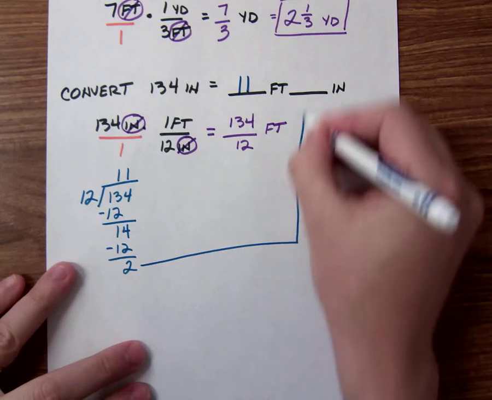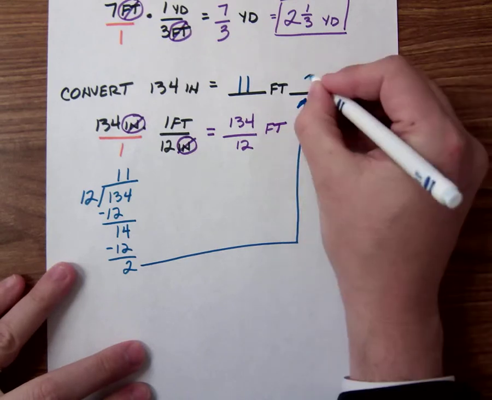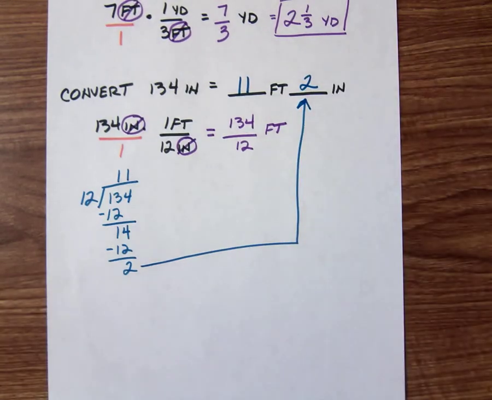That is my inches. If you go to Home Depot and ask for 11 feet 2 inches, they will give you that. If you ask for 134 twelfths feet, they're going to send you to Lowe's and you're going to deserve it.